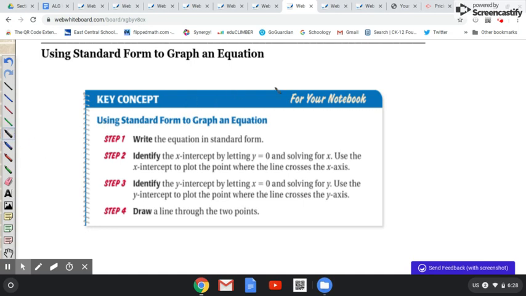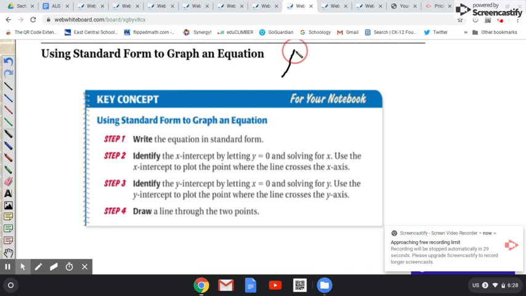Standard form looks like this: Ax plus By equals C. The key to standard form, instead of identifying the slope, we're just going to identify the x-intercept and the y-intercept. They're going to let us graph the line. So check out the second video for examples in standard form.